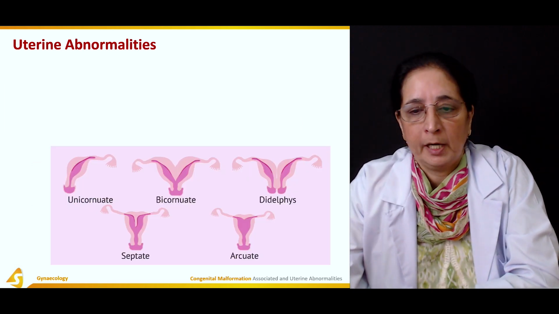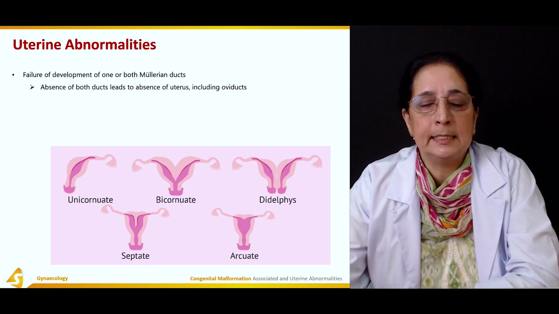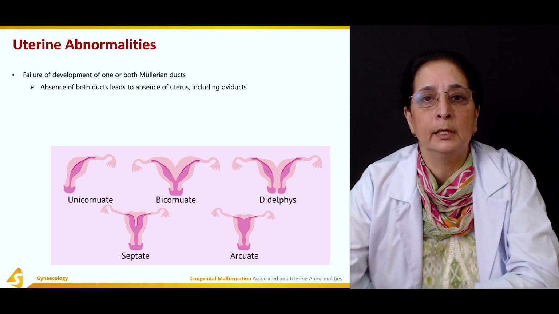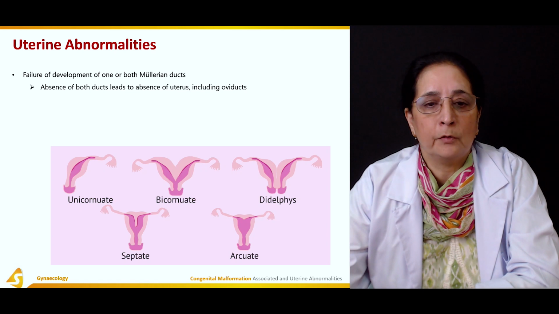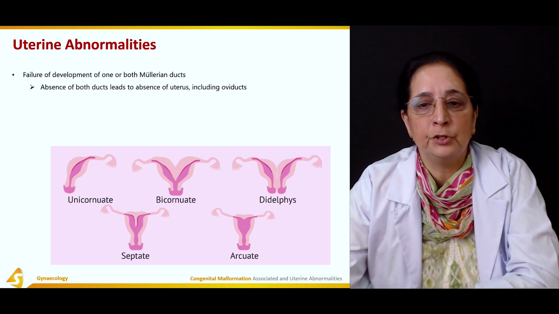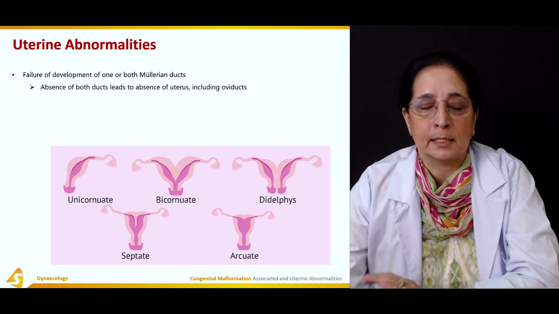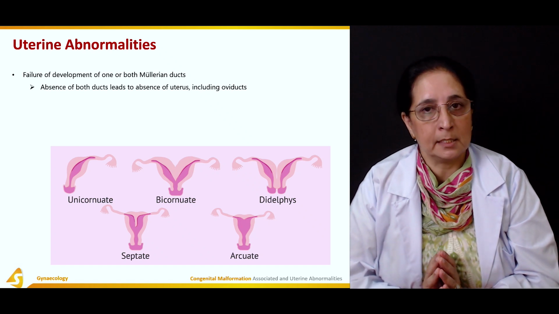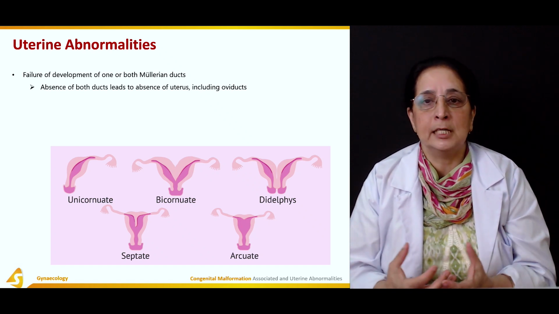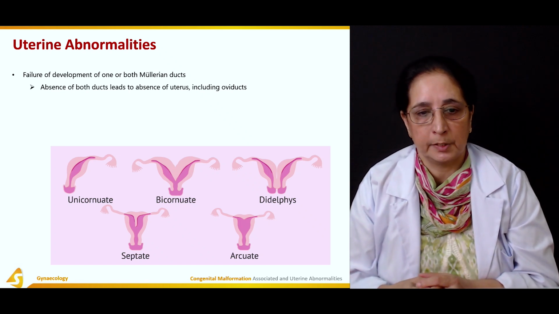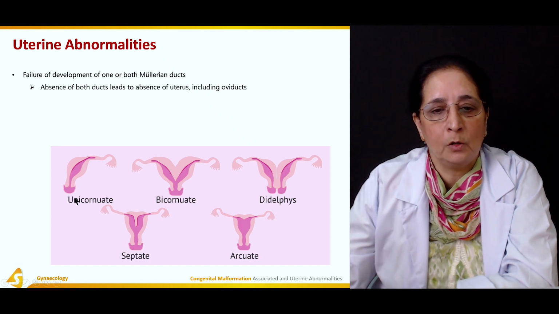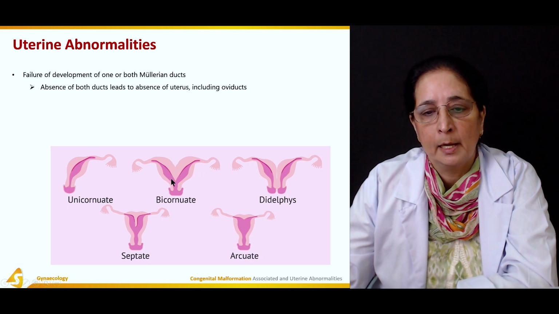Then another uterine abnormality: these can occur because of failure of development of one or both Mullerian ducts. Absence of both ducts leads to absence of the uterus, including the oviducts. So if there is absence of both Mullerian ducts, it can lead to absence of the uterus along with the oviducts or fallopian tubes. Again, this diagram shows unicornuate, and bicornuate with the cornua connecting together.